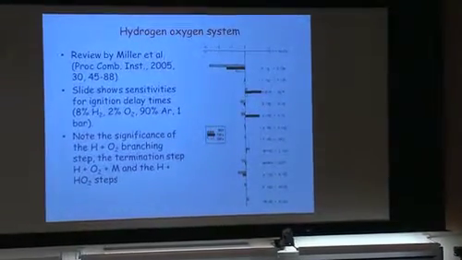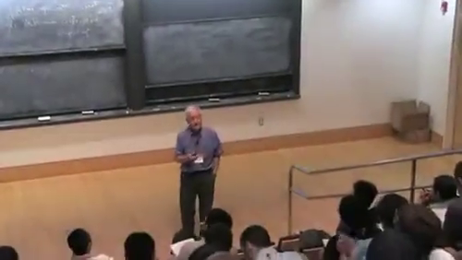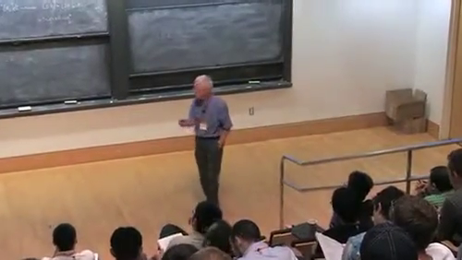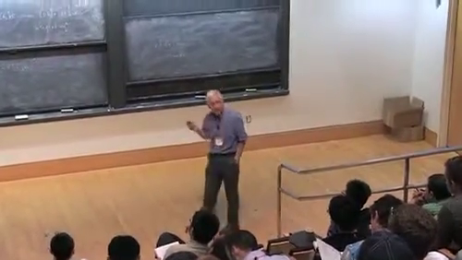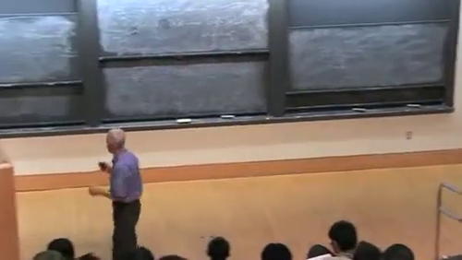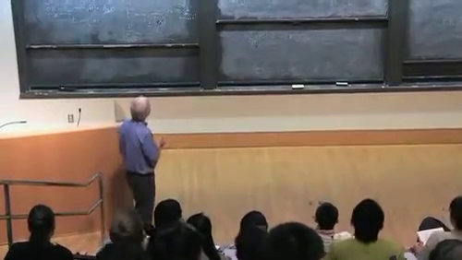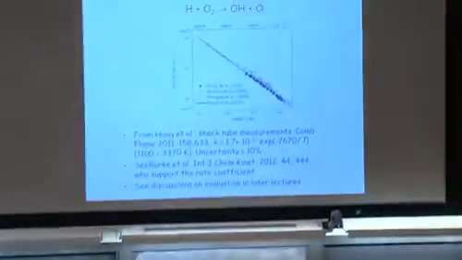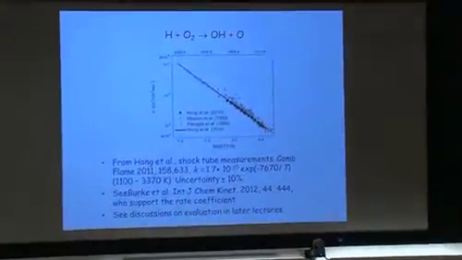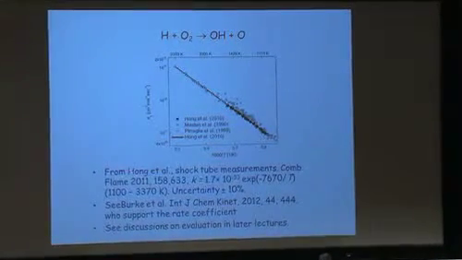Okay, now let's have a look at some of the data for these different reactions. We may not get through all of this, but we'll get through enough to help you understand what I'm trying to drive at. So here's H plus O2 going to OH plus O. This is taken from a recent paper from the Stanford group, Hong et al.